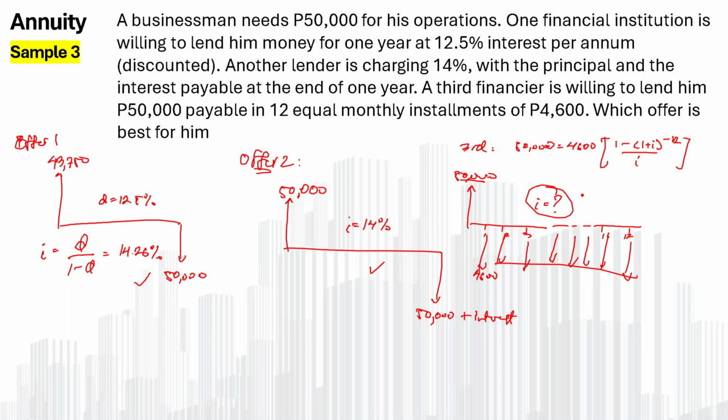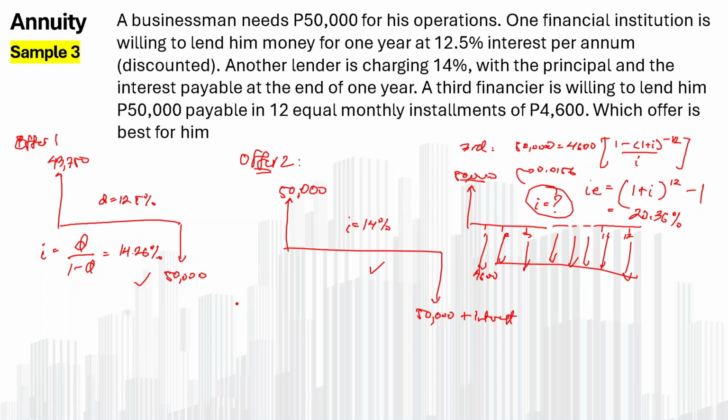After we get this, all we have to do is substitute it here so that we can get the effective interest rate. This one should be around 0.0156, and if you plug it here, you will be able to get 20.36%.